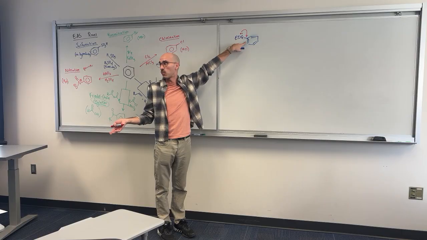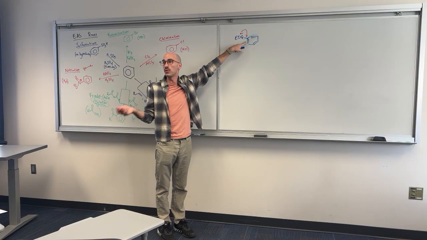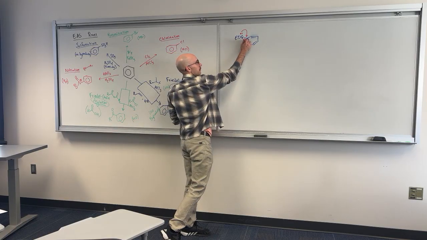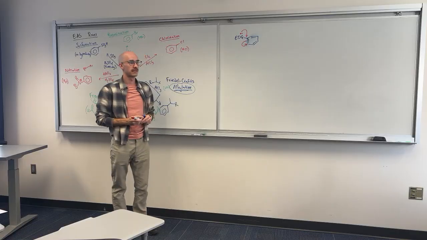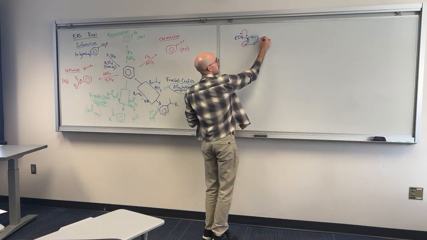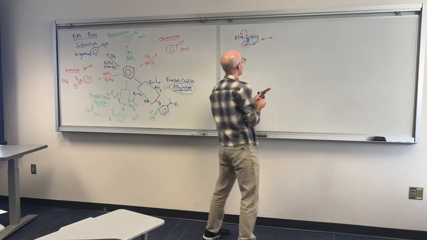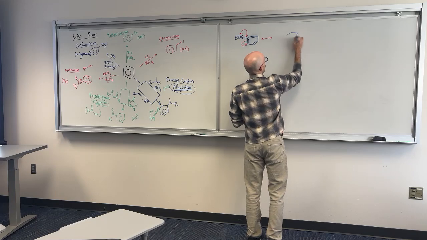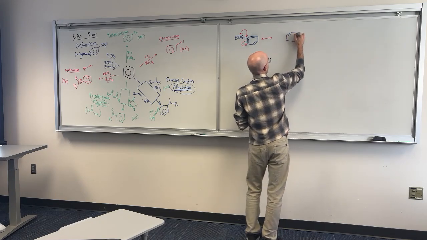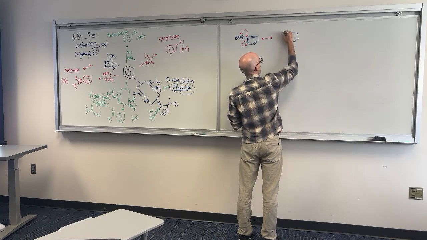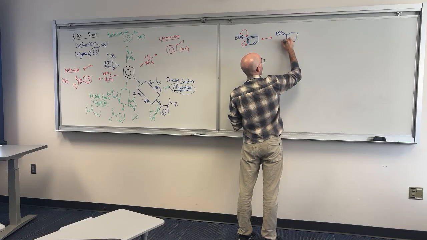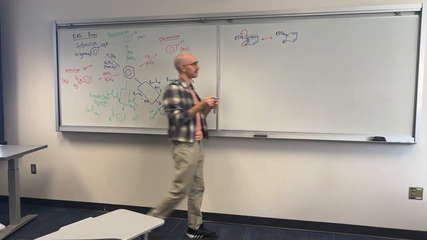And it can only break in one direction, to the other carbon. So the resonance form that we can predict here is that this electron donating group creates this resonance form.